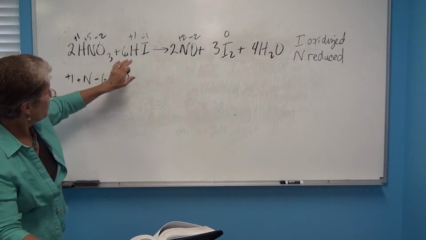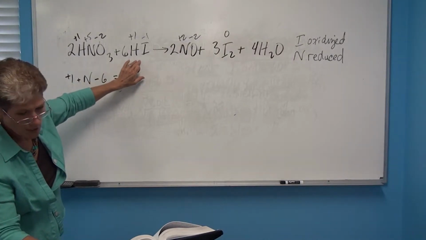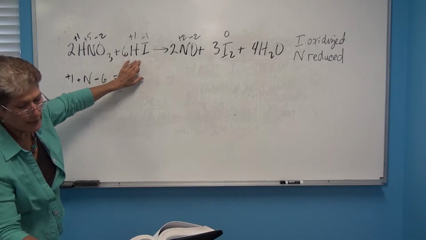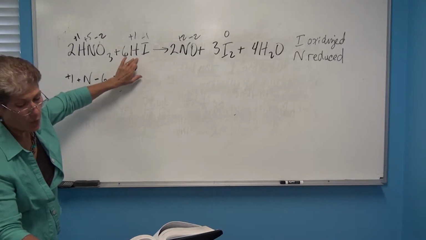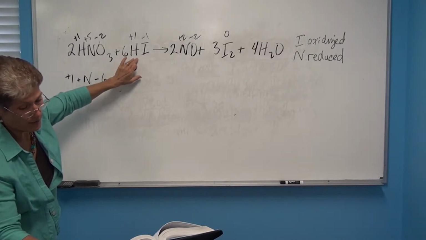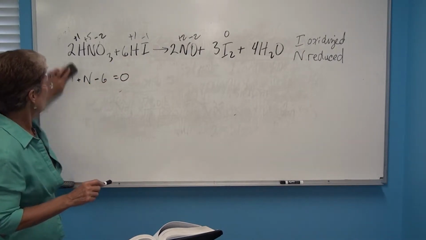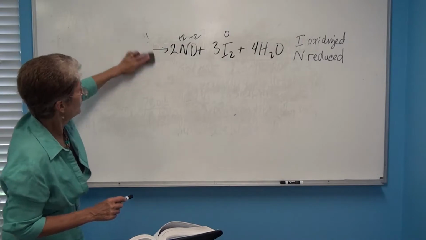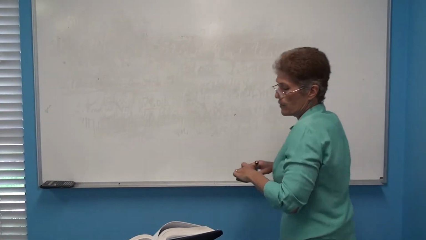And this guy is actually giving the electrons, and therefore it is the reducing agent. Okay, so we did everything we were supposed to on that one. And it definitely was a redox.